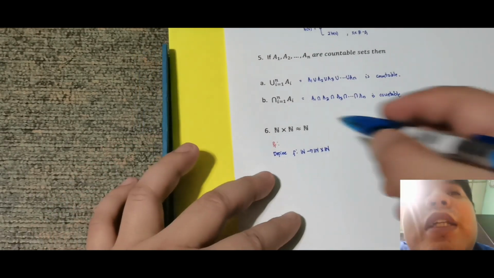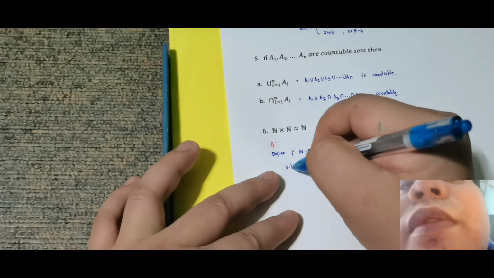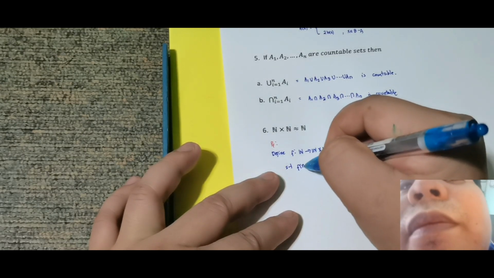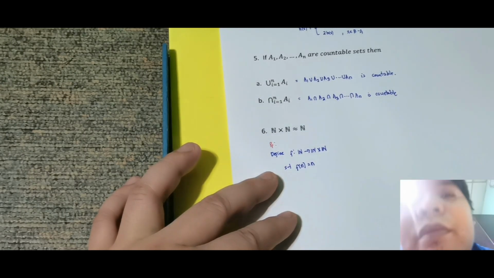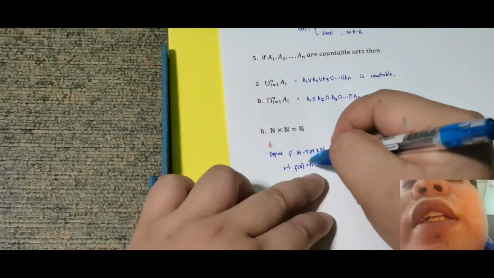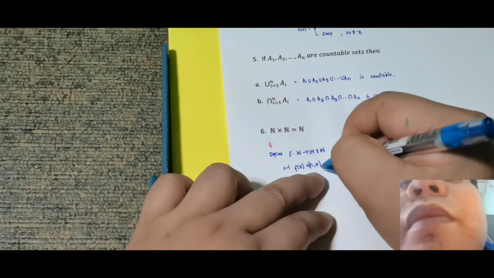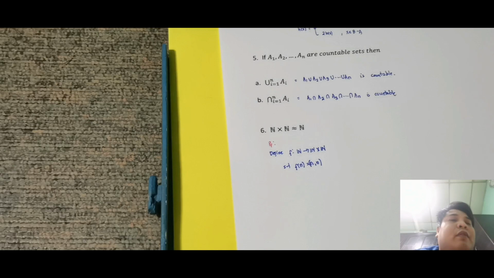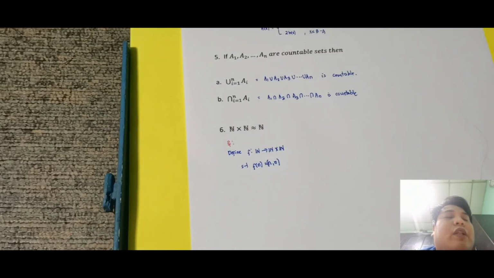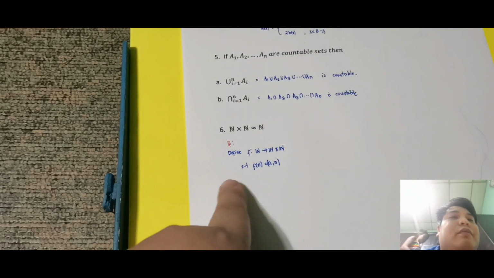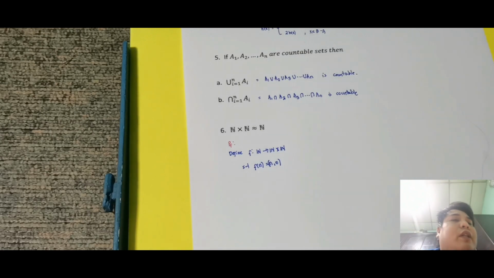So, define f such that f of n is equal to n, so equal to n comma n. So, check natin kung siya ay injective. So, f of n is equal to n comma n. So, pag input ko ng n, nagiging 1 to 1, nagiging coordinate siya or something.